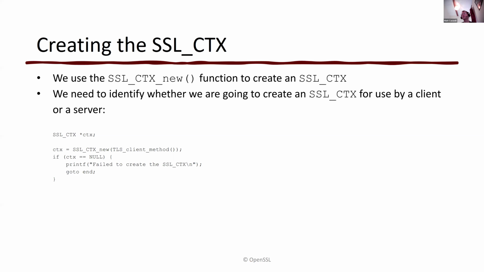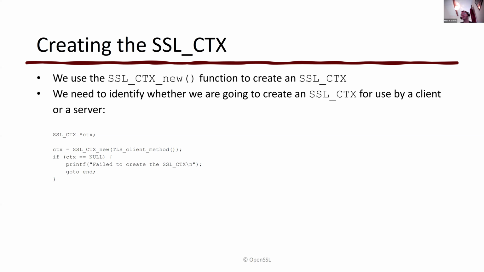So let's dive into some code. The first thing we need to do is create an SSL context. We have a function for that, SSL_CTX_new, which creates one of those. It takes one argument, which tells us what kind of SSL context we want. Do we want one for a client, or one for a server?